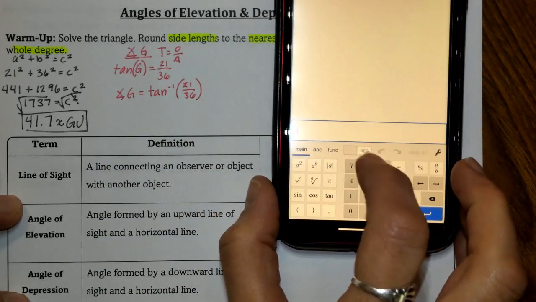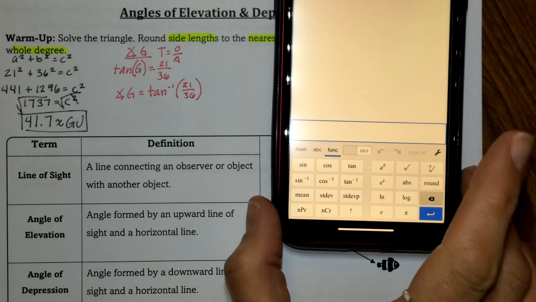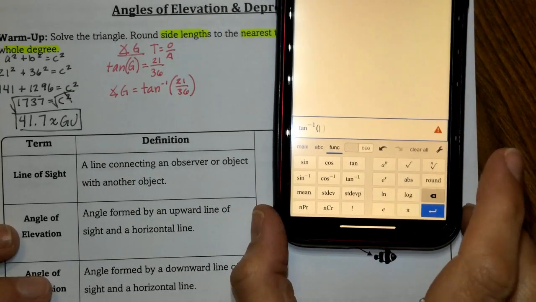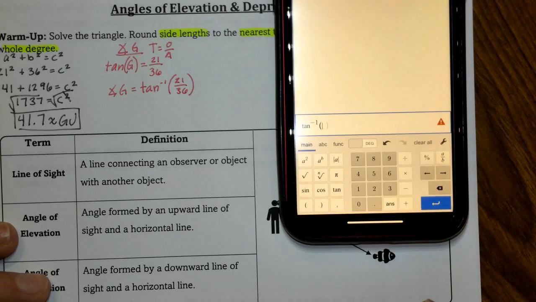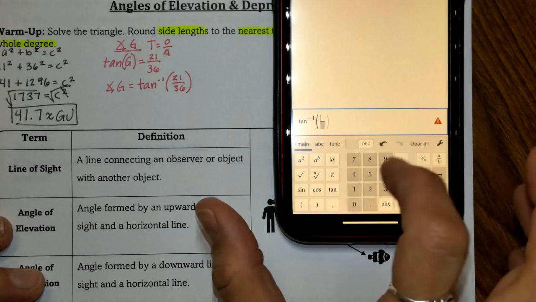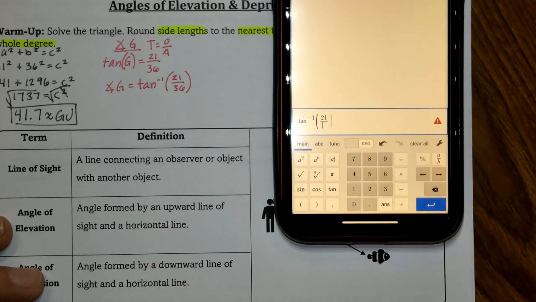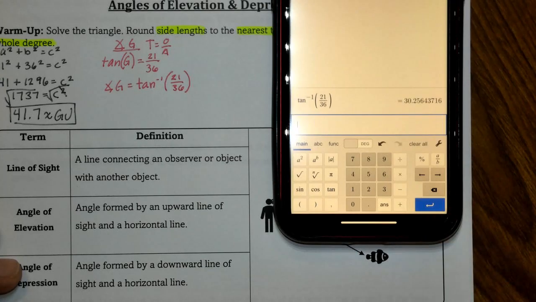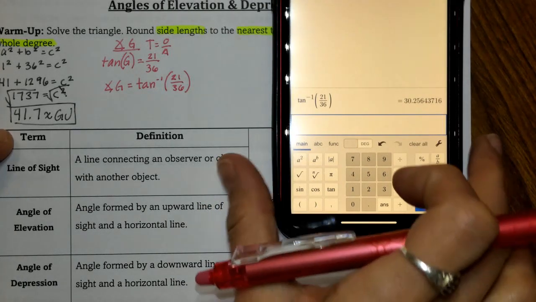So we need to go to the function button on the Desmos scientific calculator. We're going to press the inverse tangent, and then go back to the main menu. I'm going to type in the a over b to get my fraction function. We'll type in 21, tap on the denominator and type in the 36. And then we have our measurement. Rounded to the nearest whole number, it's going to be approximately 30 degrees.